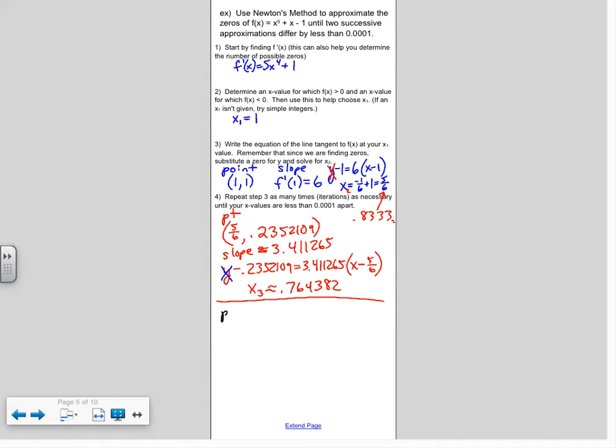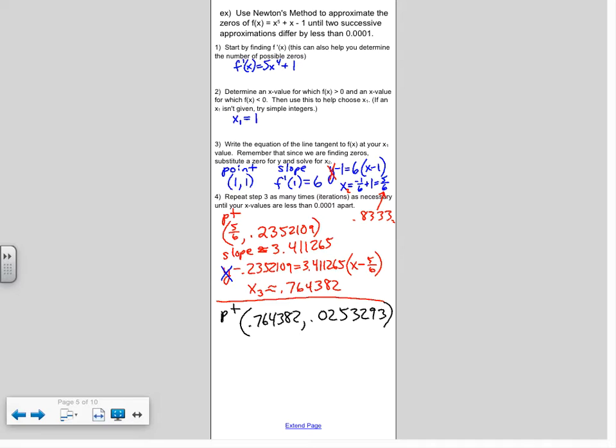So we have a point of 0.764382, and we're going to plug that into our original function. And we get a y value now of 0.02539293.